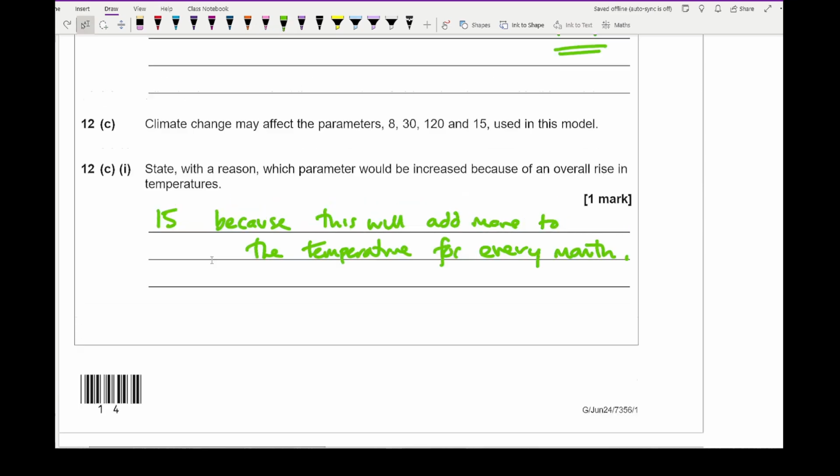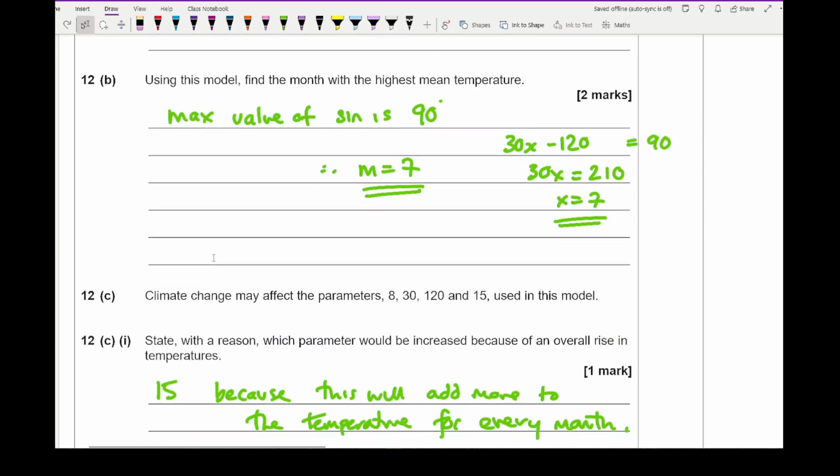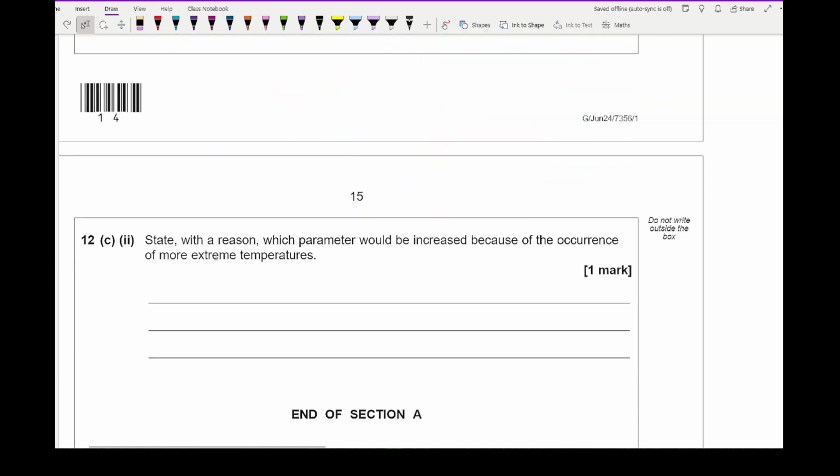Because the sine part, 8 sine theta, only goes between minus 8 and 8, the controlling part is going to be the 15, because that's what you're always adding to your final answer.